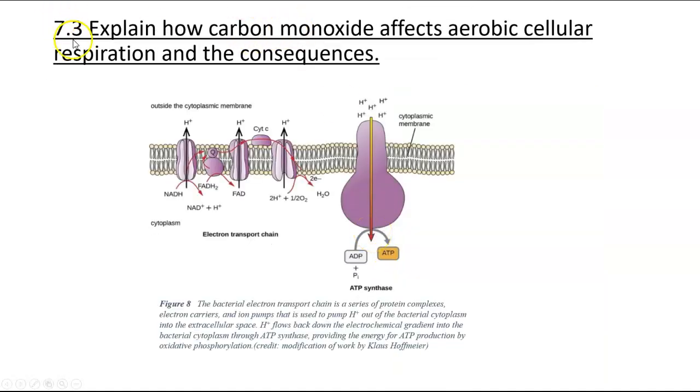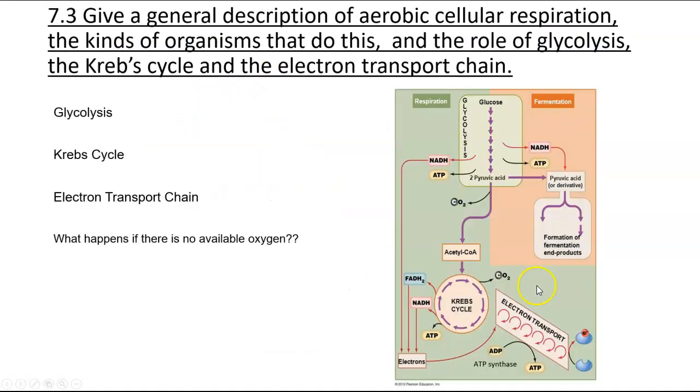I want to give you one little variation there. It says, explain how carbon monoxide affects aerobic cellular respiration and its consequences. So carbon monoxide, you might have heard of people getting carbon monoxide poisoning. Carbon monoxide is a waste product of combustion.